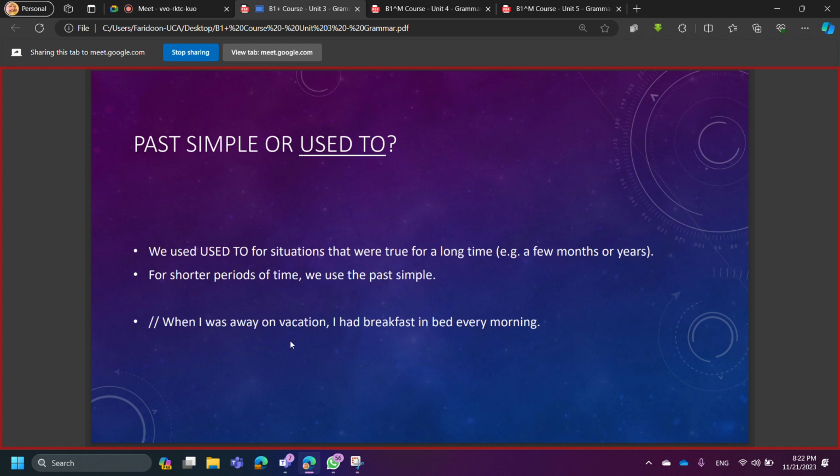Example: when I was away on vacation, I had breakfast in bed every morning. Now, as you can see, I'm using the past simple. I'm not using "used to." It wouldn't be really good if I say, when I was away on vacation, I used to have breakfast in bed every morning.